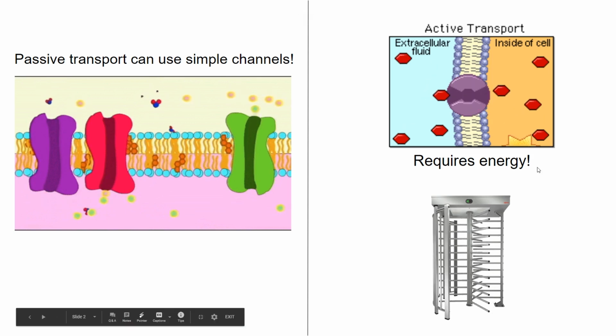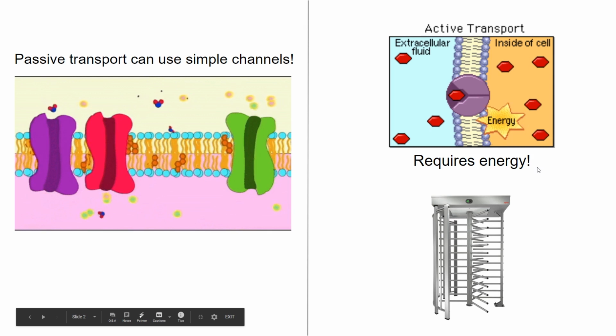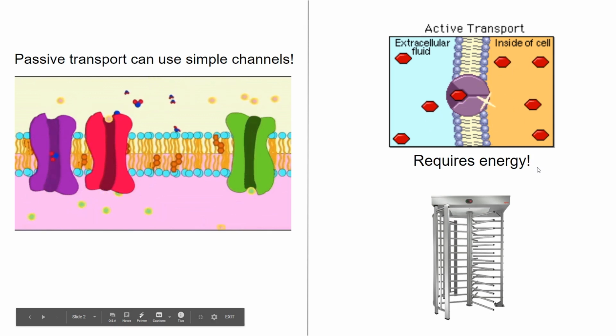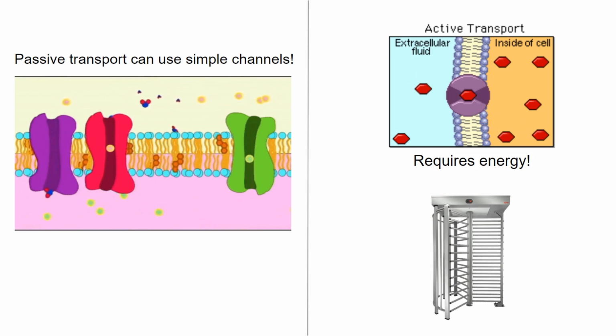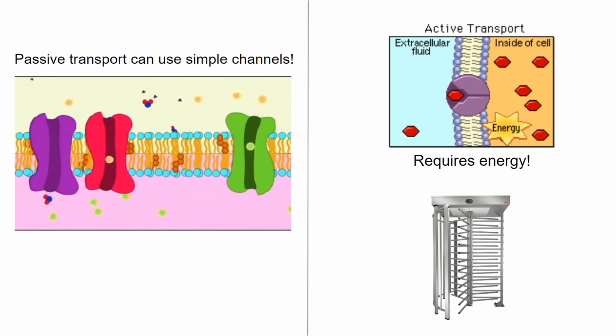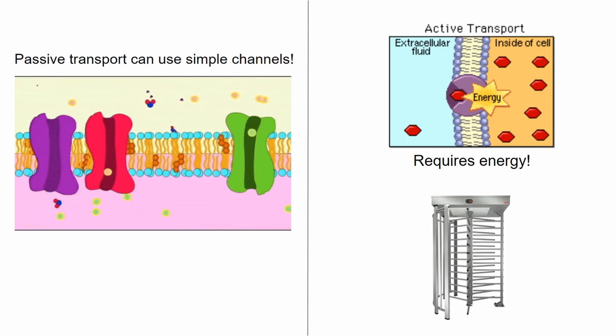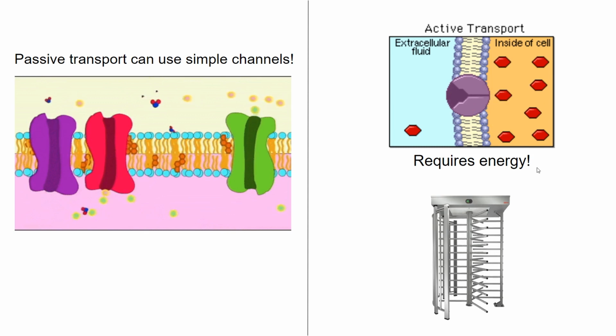They then revert back to their original shape to perform the task again. The change in shape and movement of the molecules across the membrane often requires energy in the form of ATP to occur. Because of this, facilitated transport can either be passive, requiring no ATP, or active transport requiring ATP.